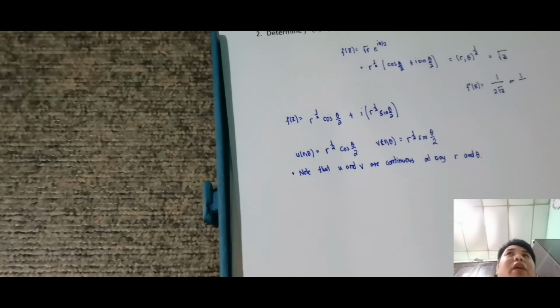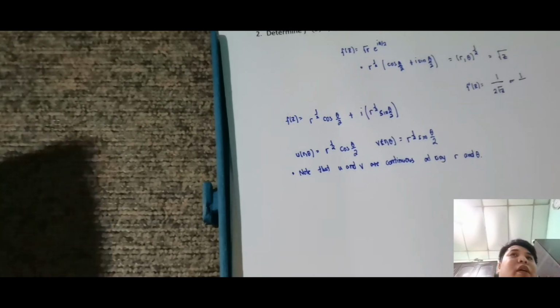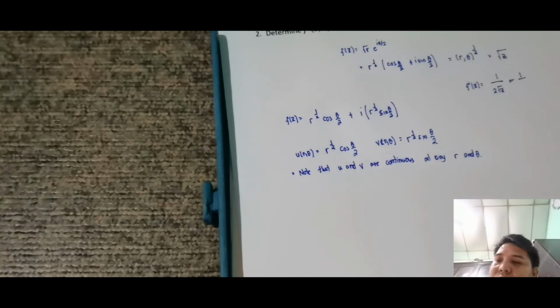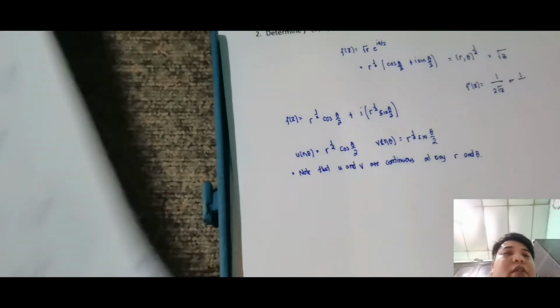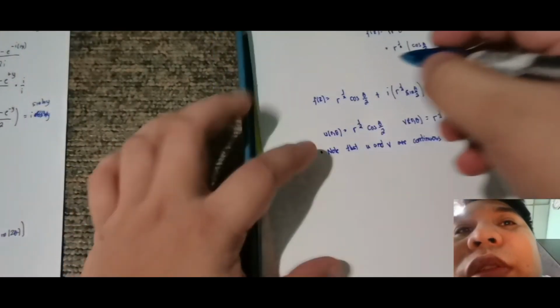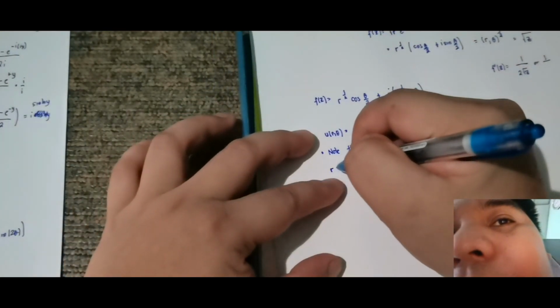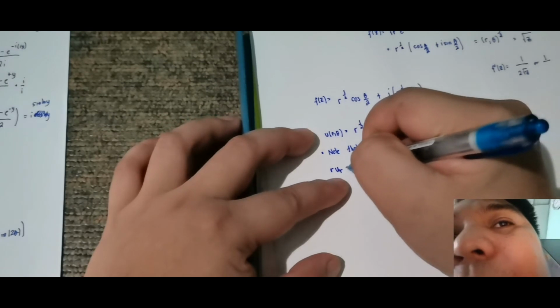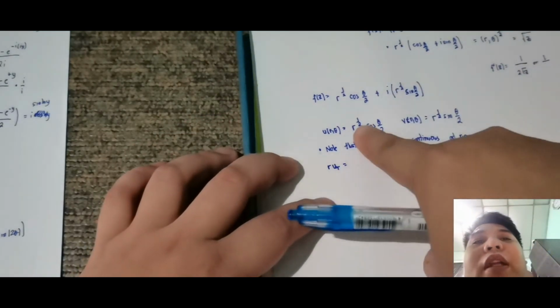Okay, ngayon, ano ulit kukunin natin kanina? Unang kinuha, r times partial derivative of u with respect sa r. Tama? So unang kukunin ko yung r times partial derivative of u with respect sa r. Meaning, yung r lang yung gagalaw dito.